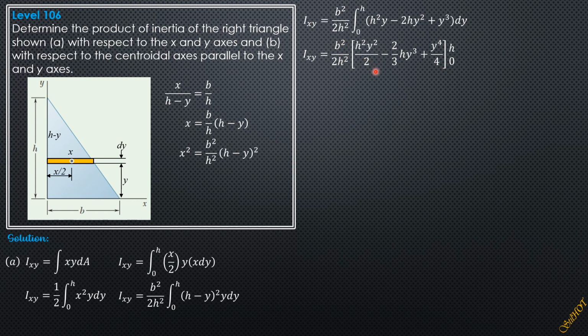So that would be in terms of b squared h squared. So Ixy equals b squared over 2h squared times quantity h to the fourth over 2 minus 2 thirds h to the fourth plus h to the fourth over 4 minus 0. So Ixy equals b squared h squared over 24.